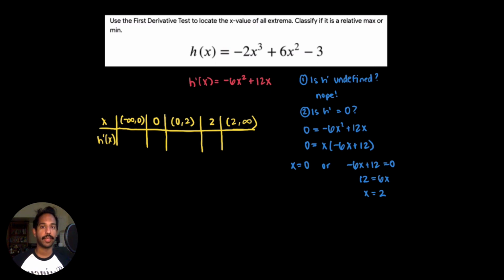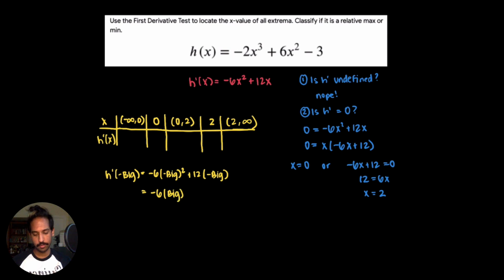For h prime of x, we're going to plug in really, really big negative values. So I'm just going to say h prime of negative big equals negative 6 times negative big squared plus 12 negative big. And so here, negative big squared is just going to give us a positive value, so it's going to be negative 6 times positive big minus 12 big, right?